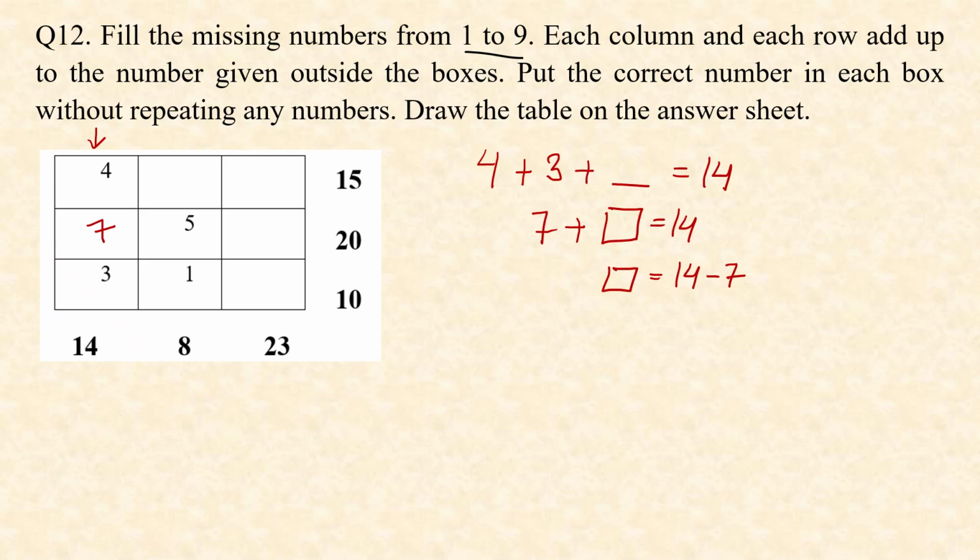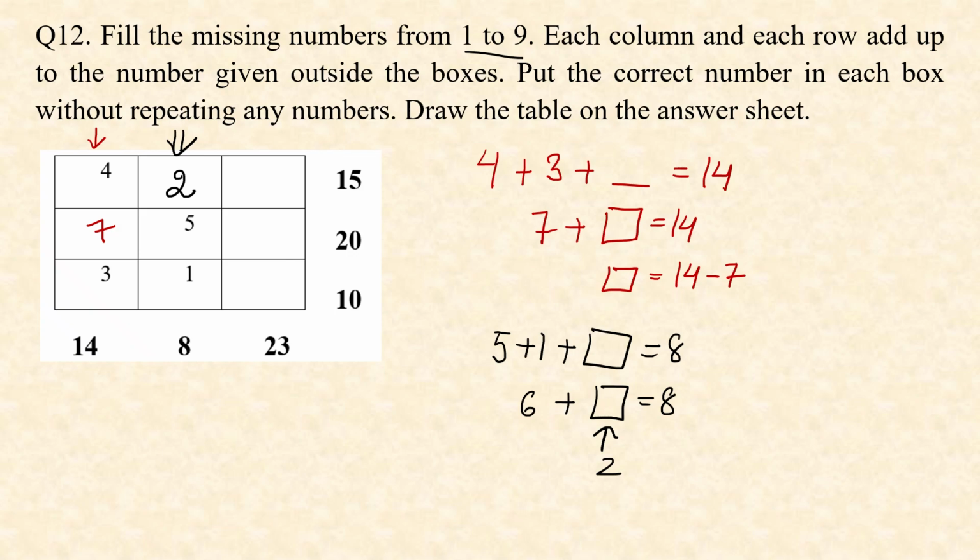Now next, let's take our second column. Again, out of 3, 2 are given. So 5 plus 1 plus box is equal to 8. 5 plus 1 is 6, plus box is equal to 8. So this box should be 2.